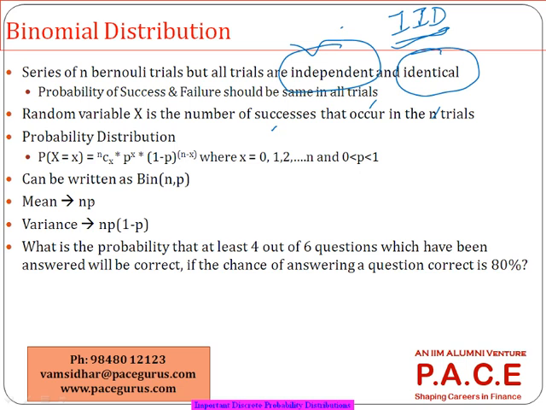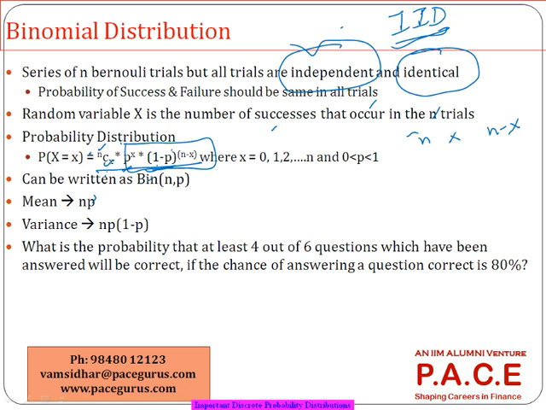Typically, the probability is written like this. This part is the Bernoulli part only, if you see: P power x, (1 minus P) power n minus x. Out of n times the experiment is performed, I want x successes. So it is the probability of success to the power of the number of successes, times the probability of failure to the power of the number of failures. Out of n times, if I am getting x successes, obviously I am getting n minus x failures.